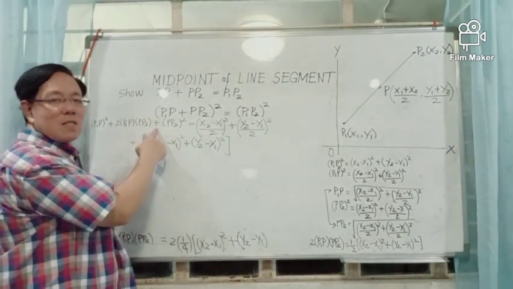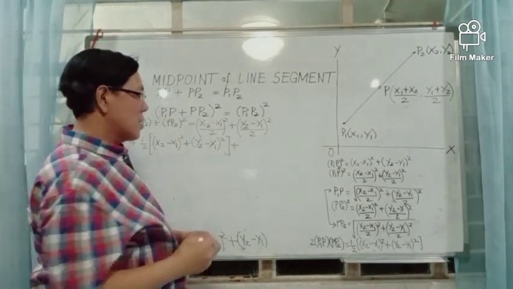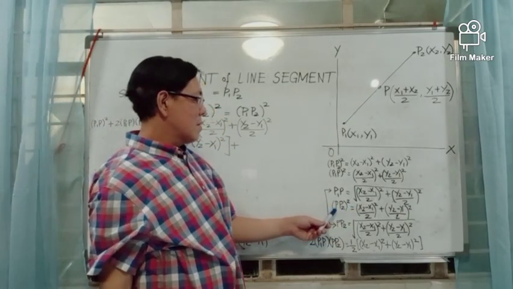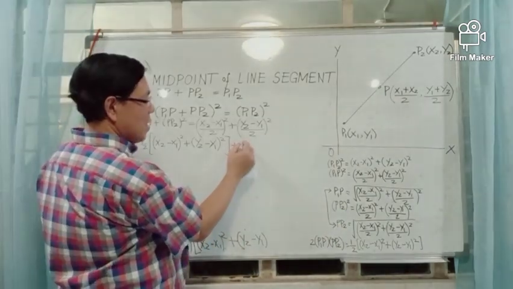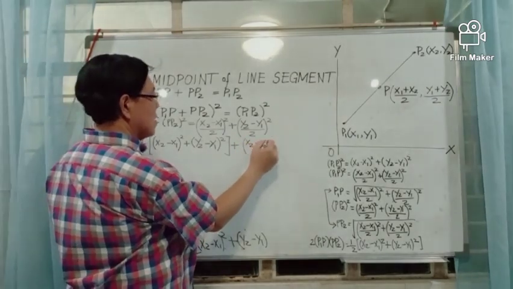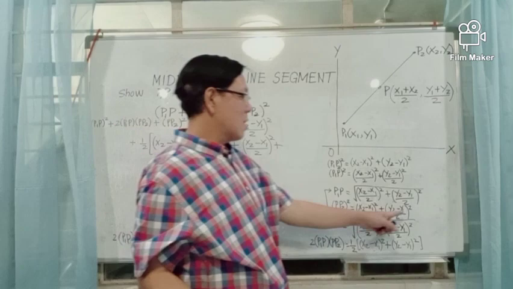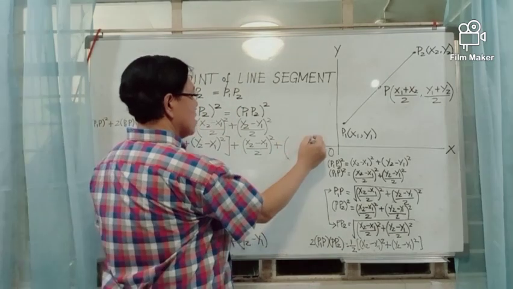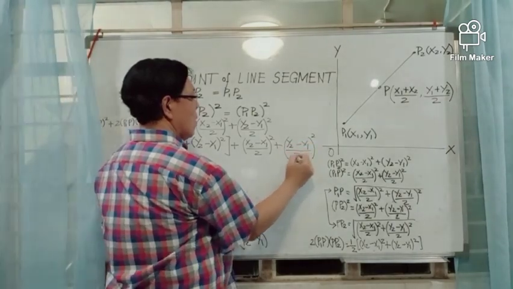And the last term is the square of the distance between P and P2, which is given by ((x2 minus x1) over 2) squared plus ((y2 minus y1) over 2) squared.